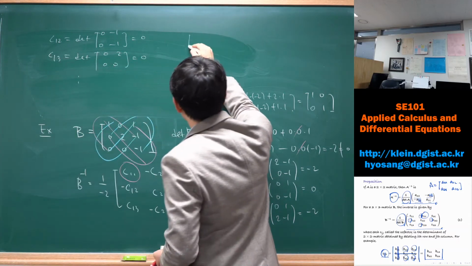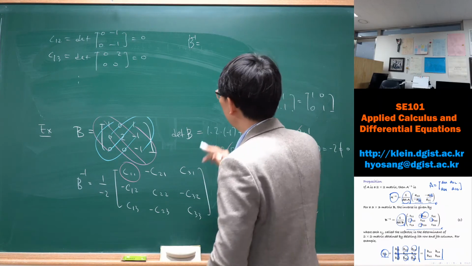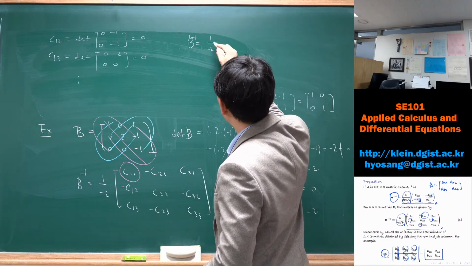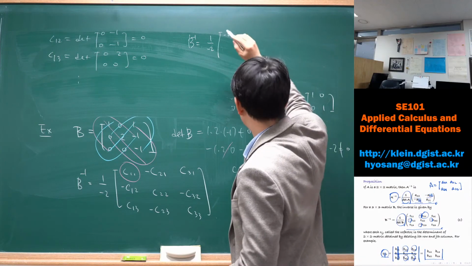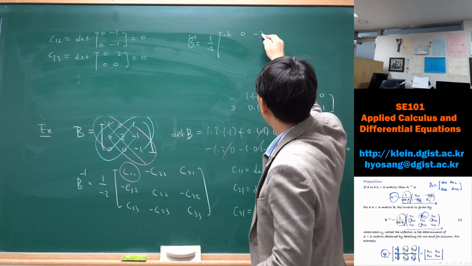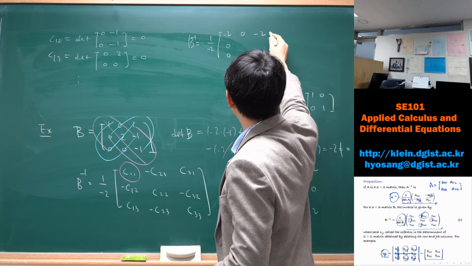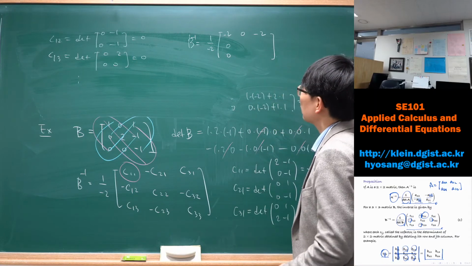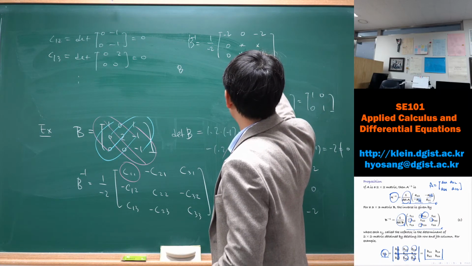So if I take the sum of the entries in the B inverse, then it's 1 over minus 2 of C1, which is minus 2. Here I have 0, minus 2, and here we have 0, 0. Okay. I don't know the rest yet, you have to compute these parts too.